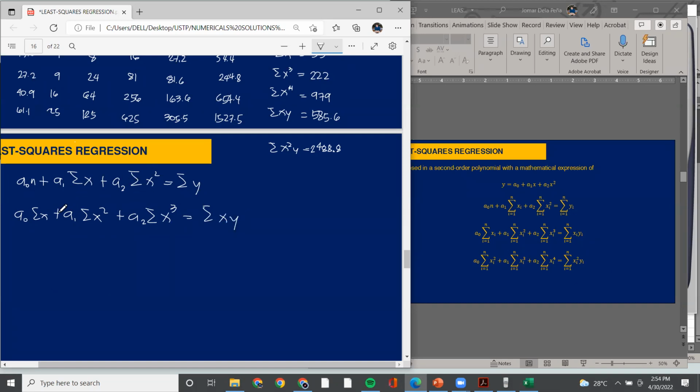Kita niyo yung pattern? Pag moabot na ta sa a sub 4, a sub 3, padayon lang ang pattern ani.